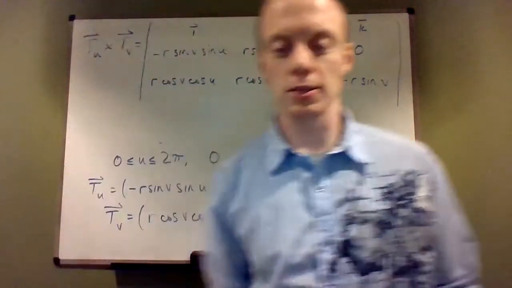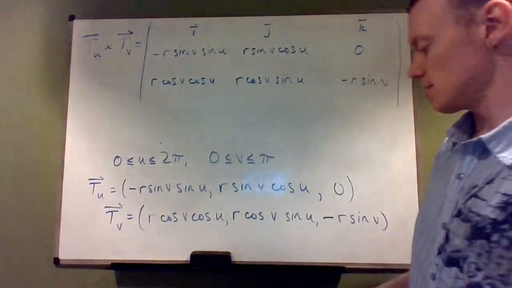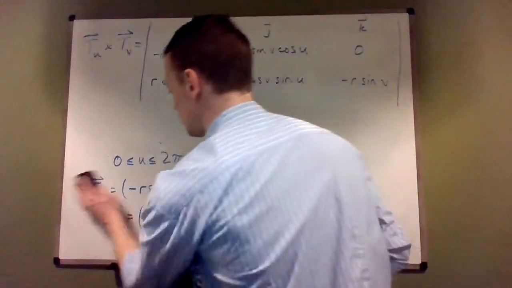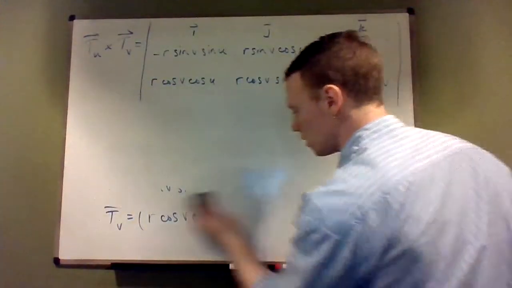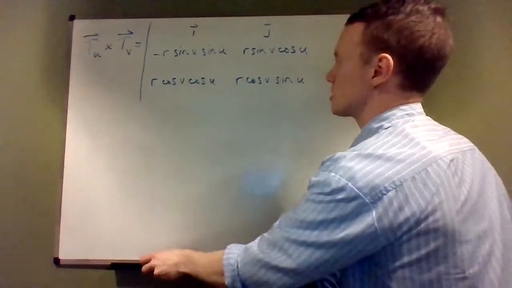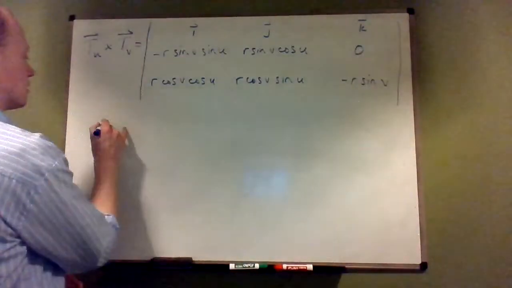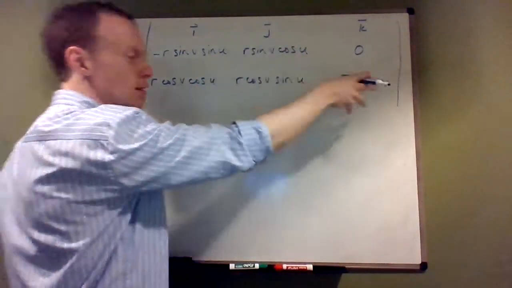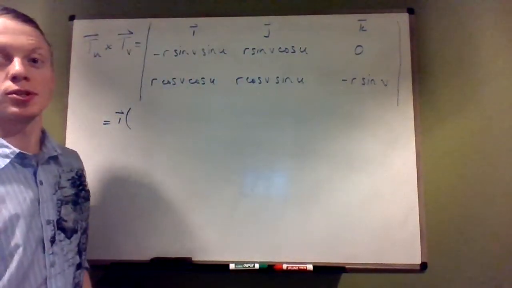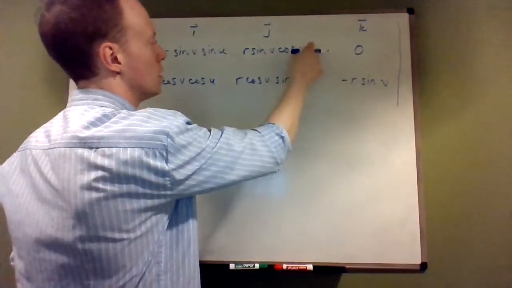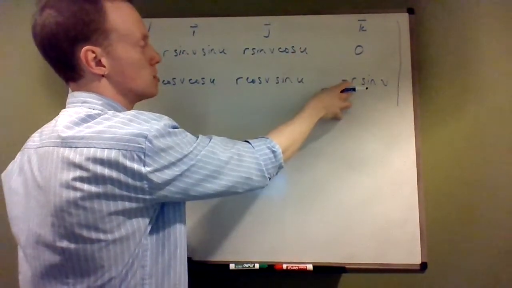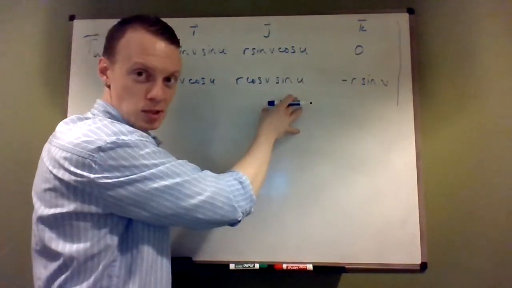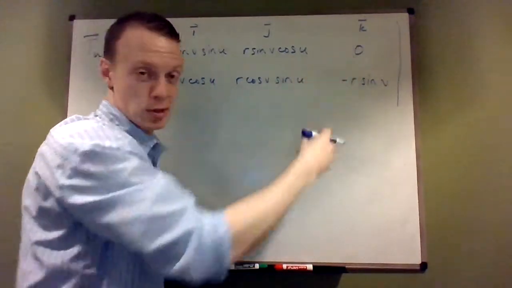Again, the cross product of two vectors is simply the determinant of a 3 by 3 matrix. What this is going to turn into is i hat times its minor, which is the determinant of the resulting 2 by 2 matrix, so A times D minus B times C. Well, r times the cosine of v times the sine of u times 0 is just going to give me 0.